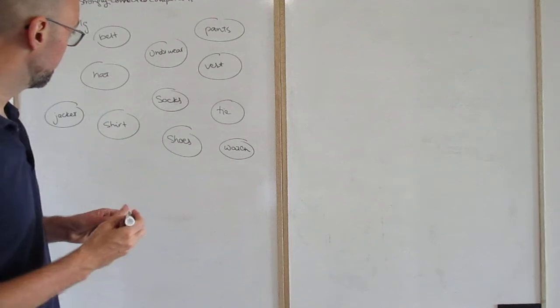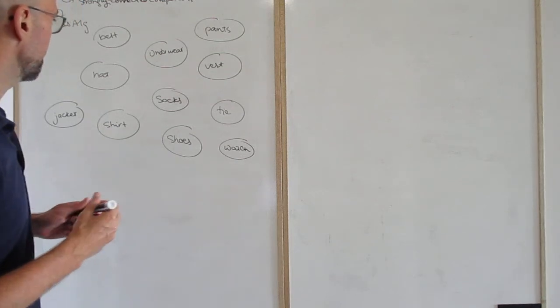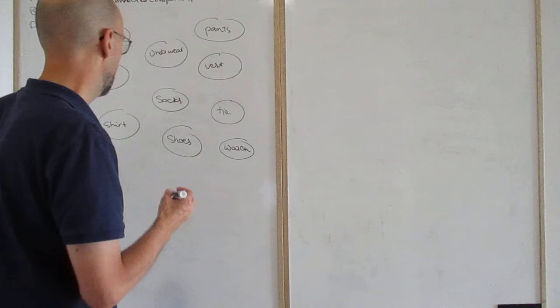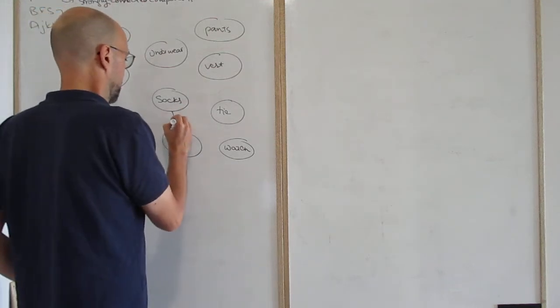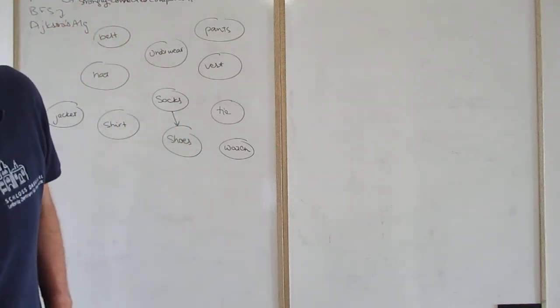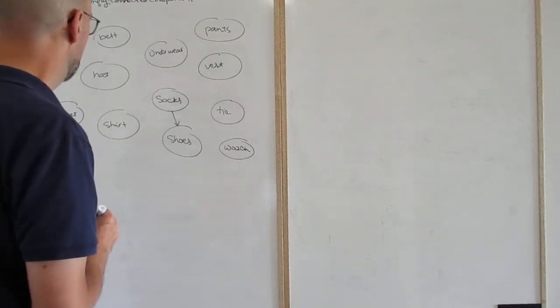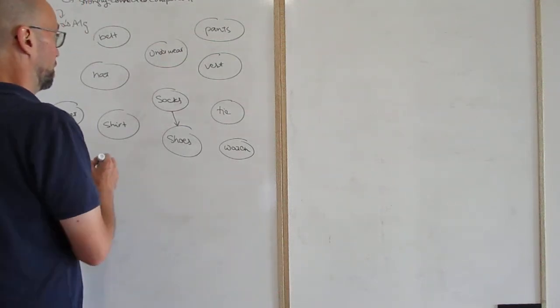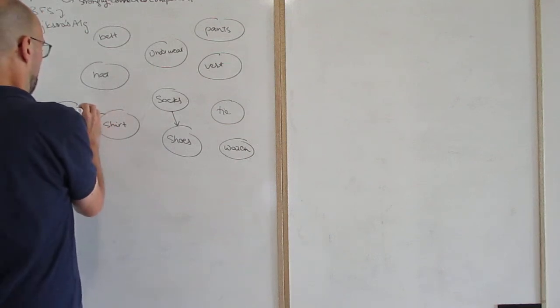Now, let's think about the dependencies. You have to put your socks on before your shoes. Let me just make sure that, yeah, they have the arrows going in this direction. You have to put your shirt on before your jacket.